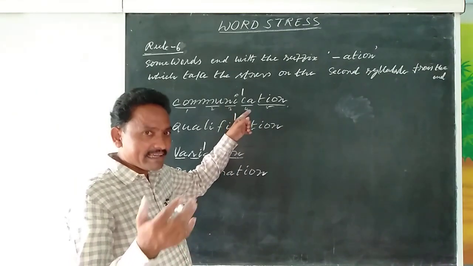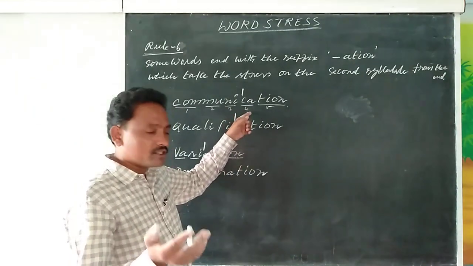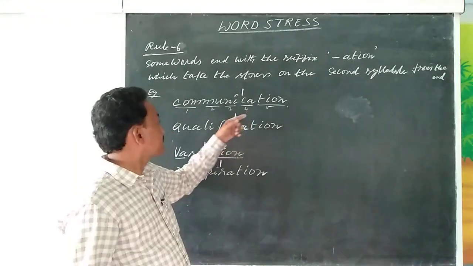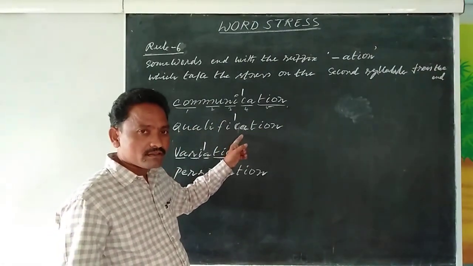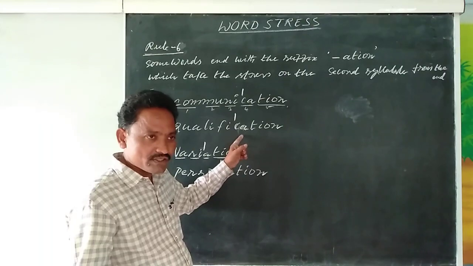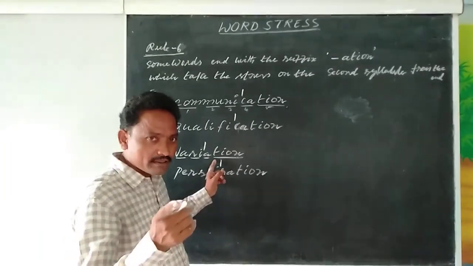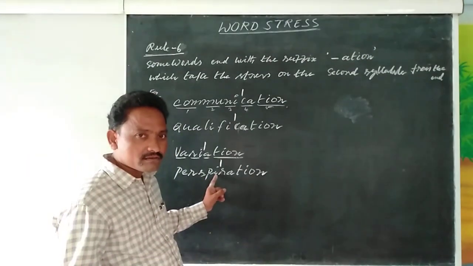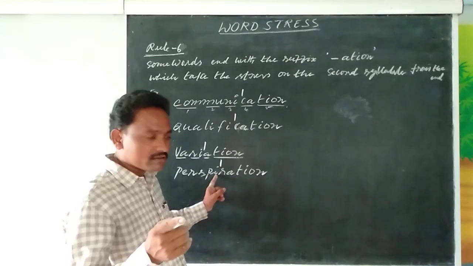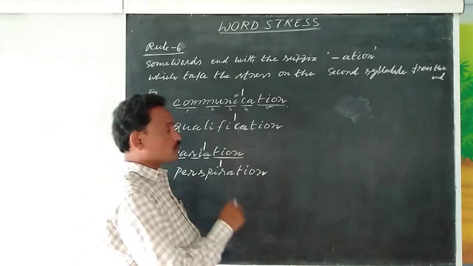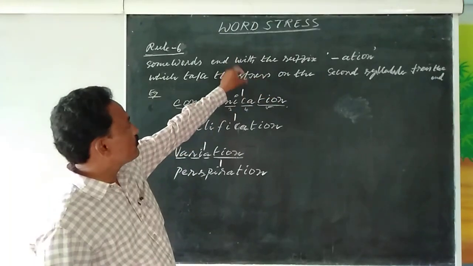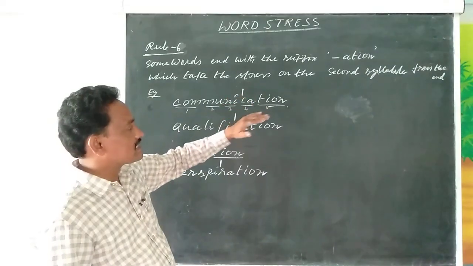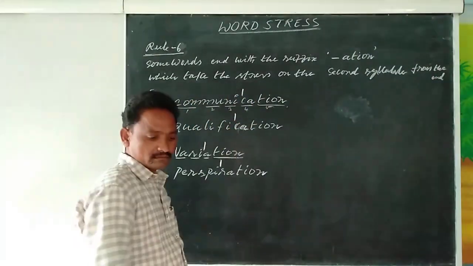Qualification. Variation. Perspiration. This is the rule. What is the rule? Some words end with the suffix ATION. Stress is on the second syllable from the end. That's it.